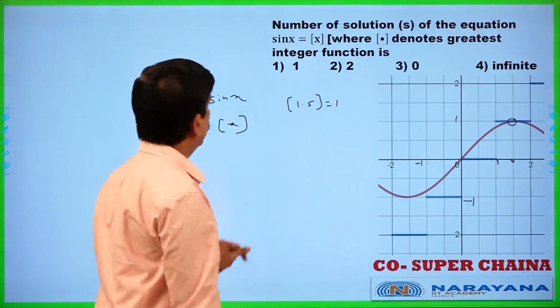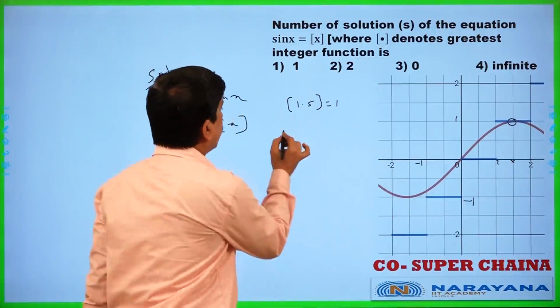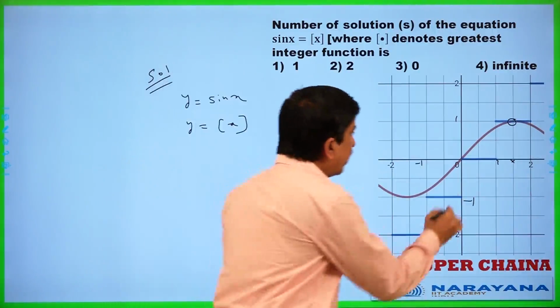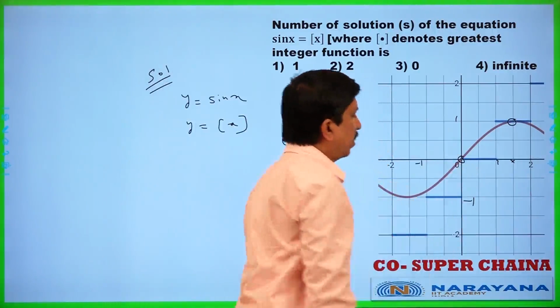Sin 0 is 0 and [0] is also 0 only, so here we are getting another point of intersection.